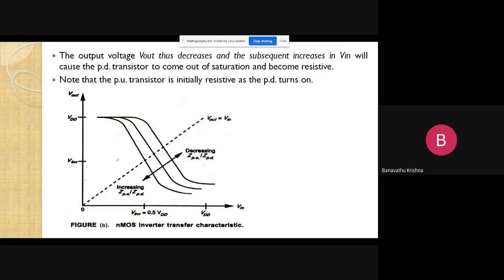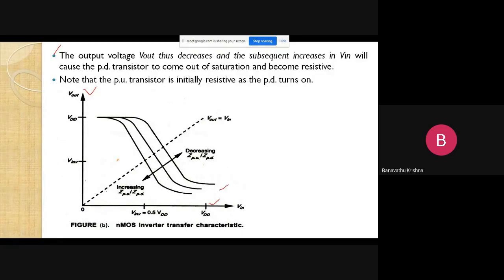Next diagram. Here is the transfer characteristics. Let us see: V input is 0, V out is high. Suppose V input increases up to VDD, then the output is 0, maximum 0. V input is VDD, output is 0.